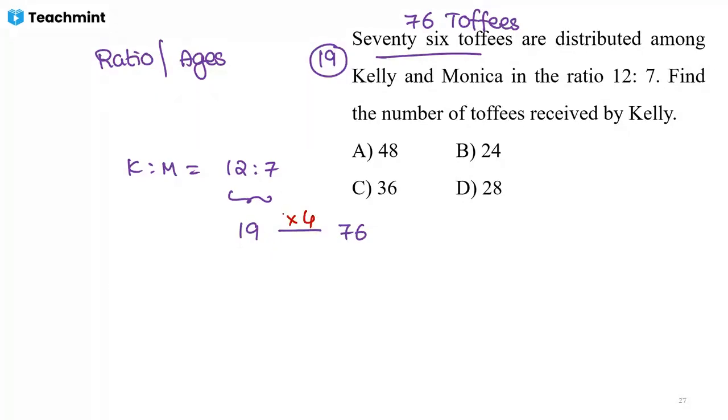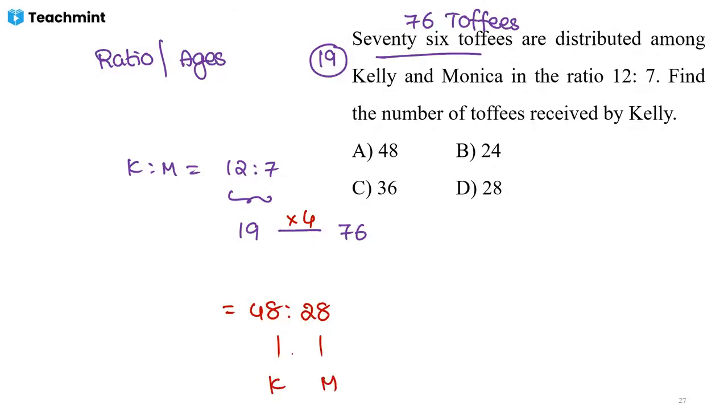Instead of toffees, they can say ages also. 12 plus 7 is 19, but you want total 76. That 76 is distributed for Kelly and Monica, right? Adding we got 19, you want 76, so multiply by 4. 12 into 4 is 48, 7 into 4 is 28. Kelly is 48, Monica is 28.